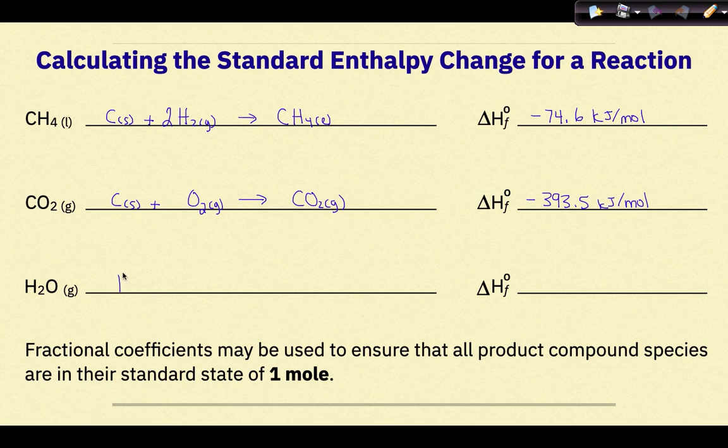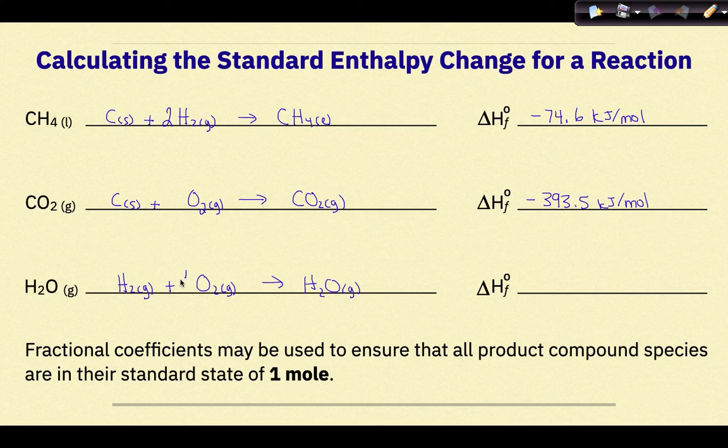And then finally, water. So we have hydrogen gas plus oxygen gas to produce water. And we'll say this water is in the gaseous state. Now, can you have different heat of formation values for water in the gaseous state and the liquid state and the solid state? Yes, you can, and you have to be super careful about that. So let's go back. 2 hydrogens, 1 oxygen.